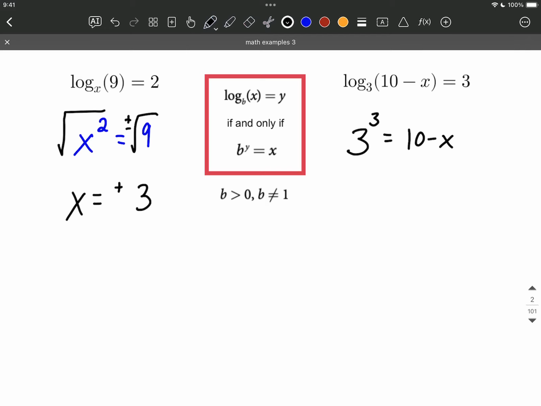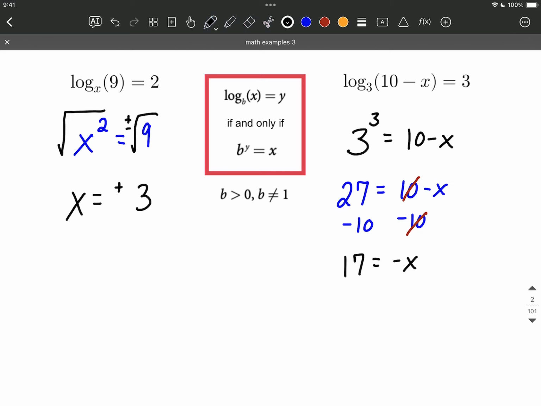To solve for x, what I'm going to do next is say, well, 3 cubed means 3 times 3 times 3, which works out to be 27, equals 10 minus x. Nice linear equation at this point, so I'll subtract 10, move that away from our x. So 10 minus 10 makes 0 on that side. 27 minus 10 makes 17.